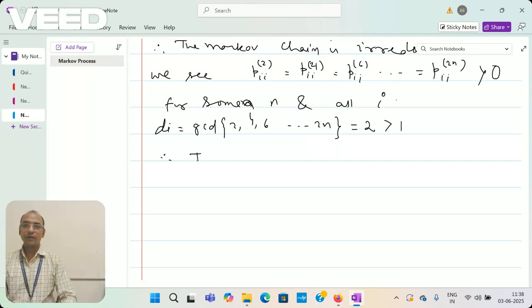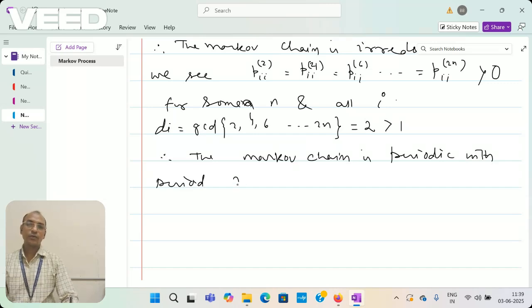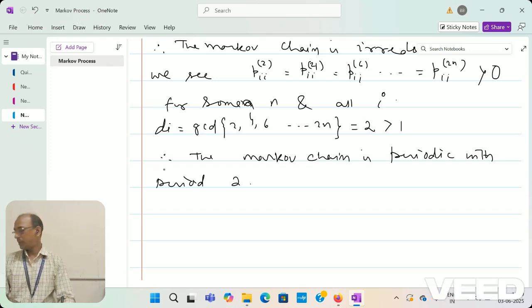Therefore, the Markov chain is periodic with period 2. So it is irreducible and it is periodic. If it is irreducible and periodic, then we can say that it is non-null persistent.